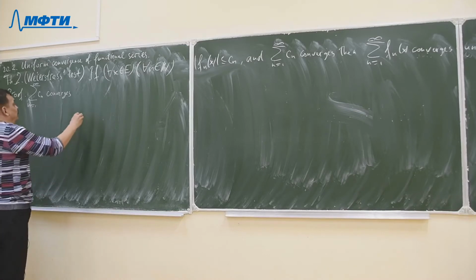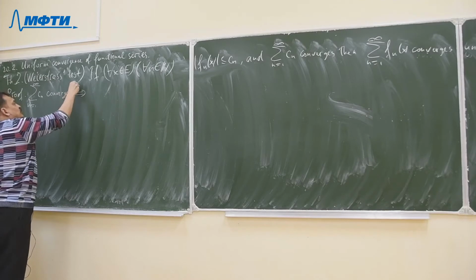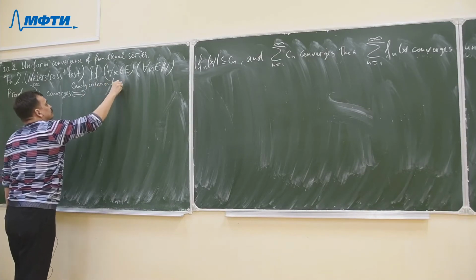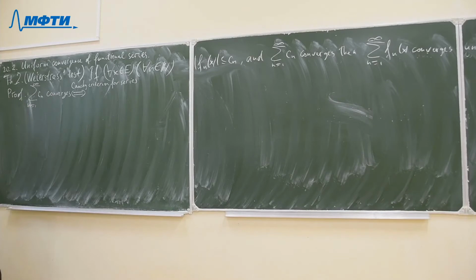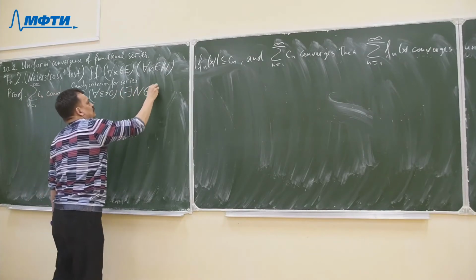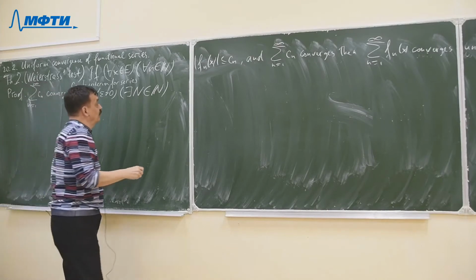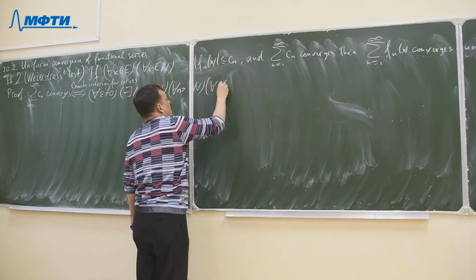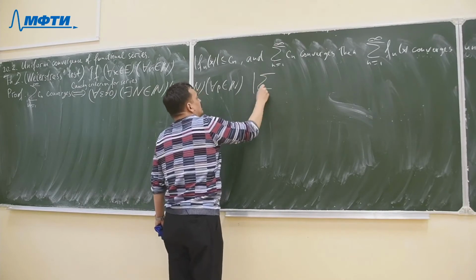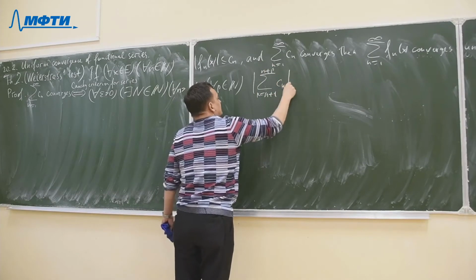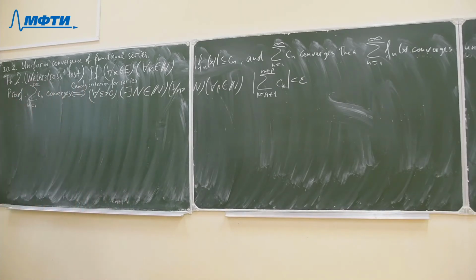By the Cauchy criterion for series, what we deduce: for arbitrary epsilon greater than 0, there exists natural N such that for all n greater than this capital N and for all natural p, we have the inequality sum of ck less than epsilon. So that is the Cauchy criterion for series.